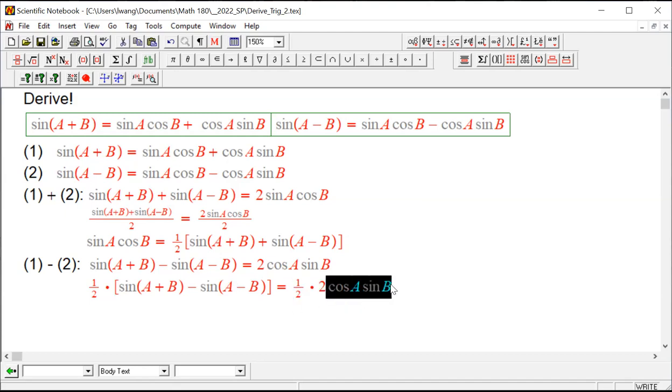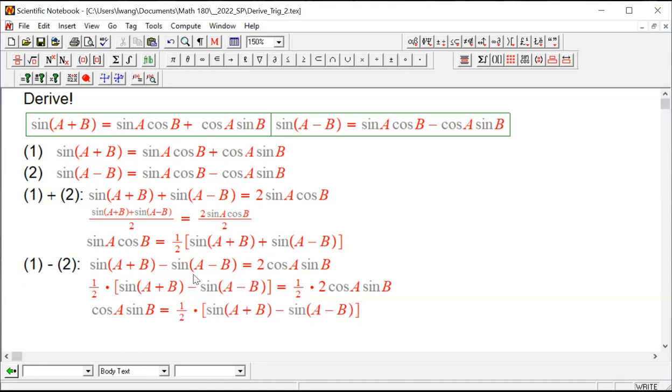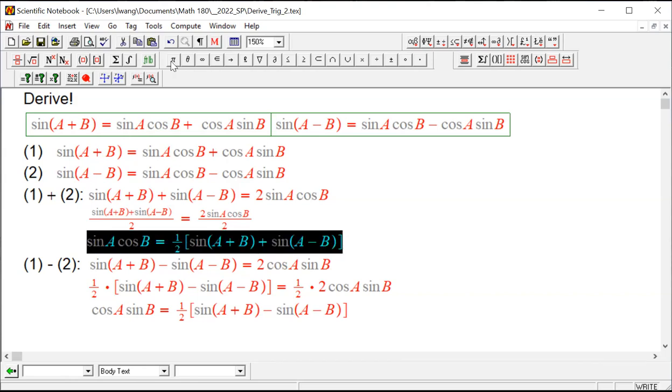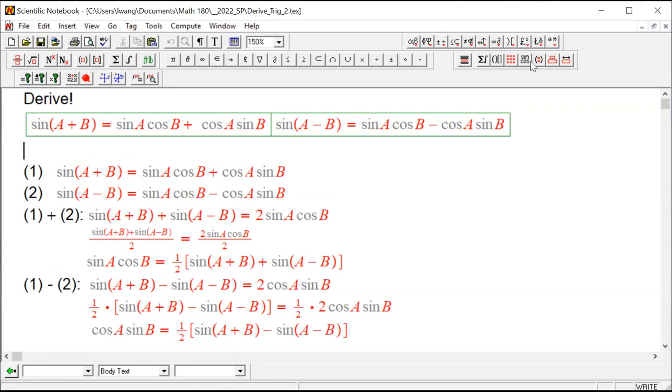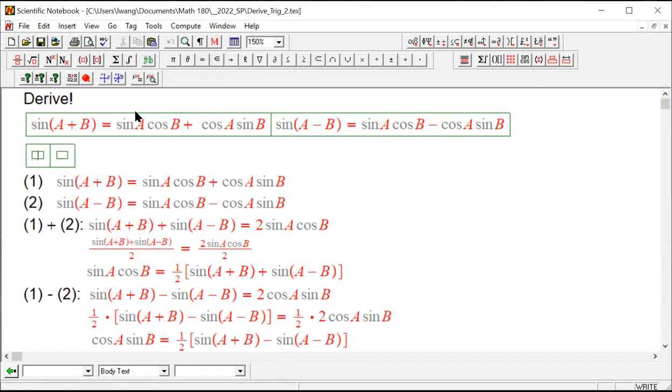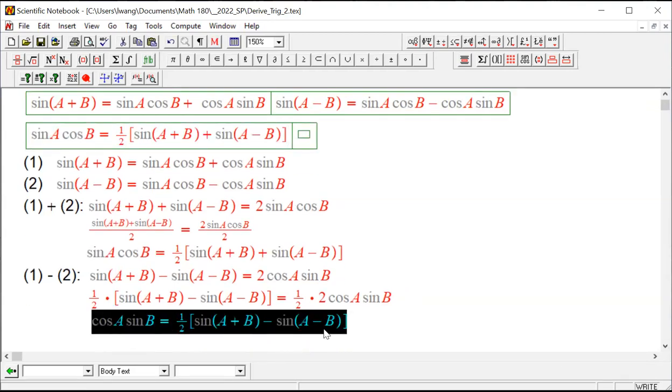So we end up with cosine A times sine B equals half of that bracket. And we can remove that dot. Now once again, we got two more identities, one here and one over there.